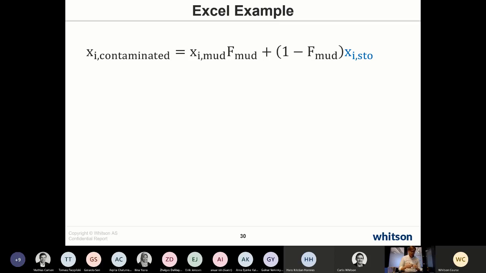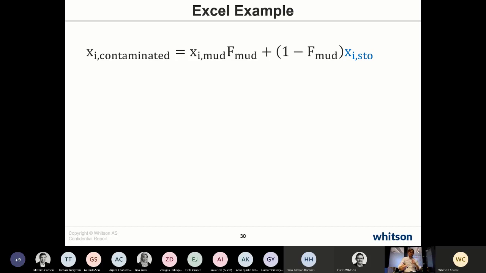But before we go there, just the basis for how this decontamination work is done. This is a little bit simplistic, and how we deal with it in practice is a little bit different.